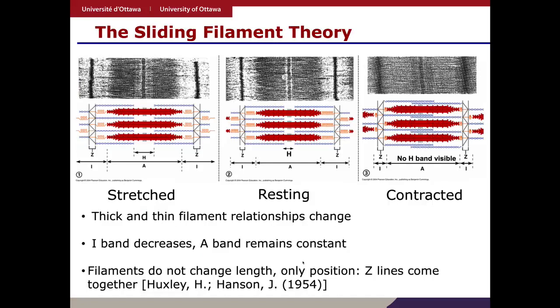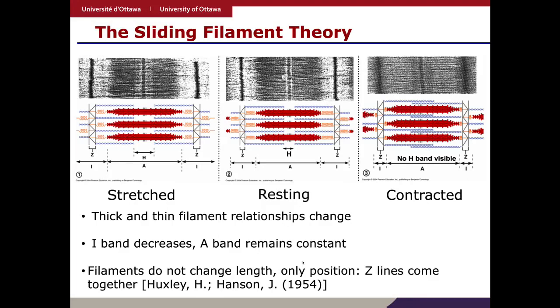Hugh Huxley and Jean Hansen, who did their postdoctoral work at MIT, were one of the first groups to use electron microscopy to study biological specimens. They found by comparing electron micrograph images of stretched, resting, and contracted muscle taken just prior to fixation that the relationships of the thin and thick filaments changed.